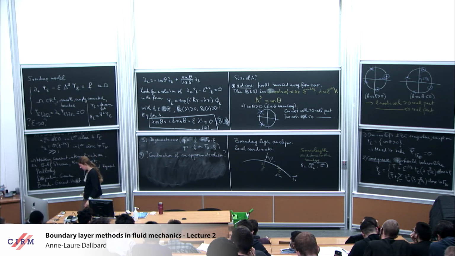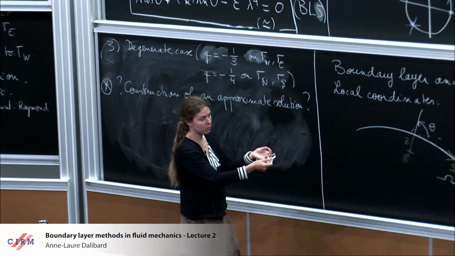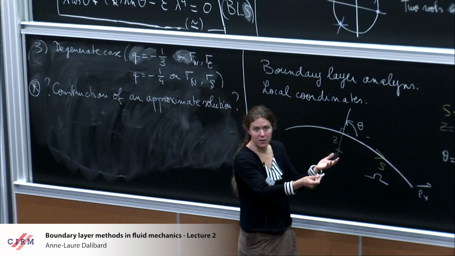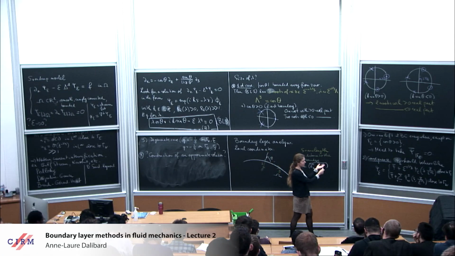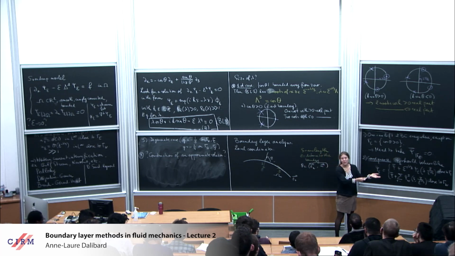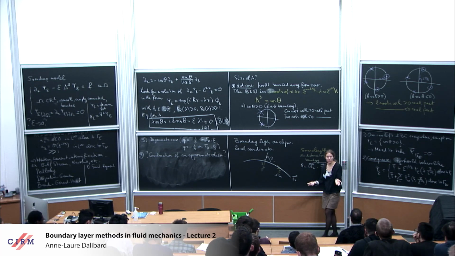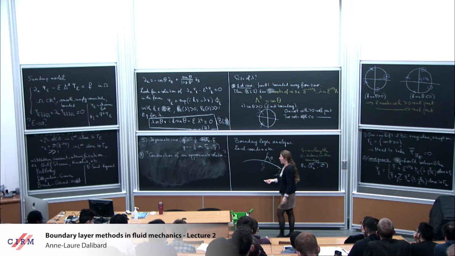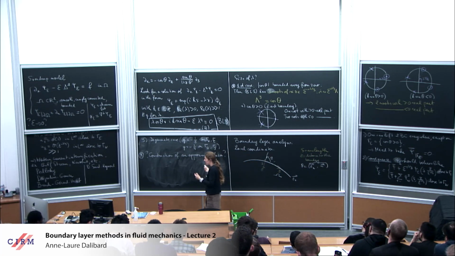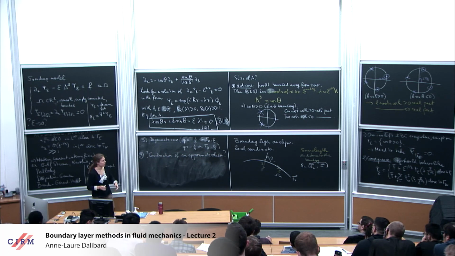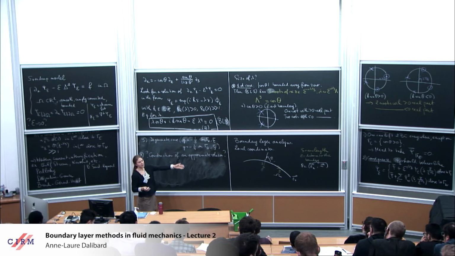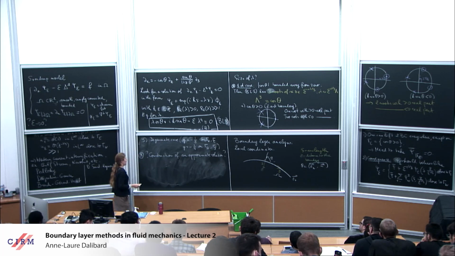And to do that, I know actually no other way than plugging this ansatz into what I would call an approximate solution, and then proving that the difference between the actual solution and your approximate one is small in some suitable sense. So the purpose of constructing an approximate solution is actually to check that you are not completely mistaken through this formal analysis.